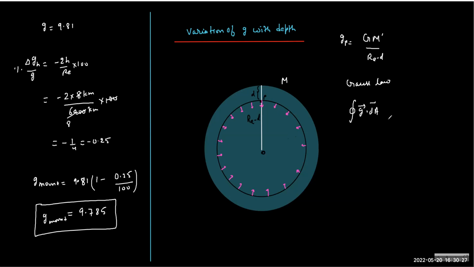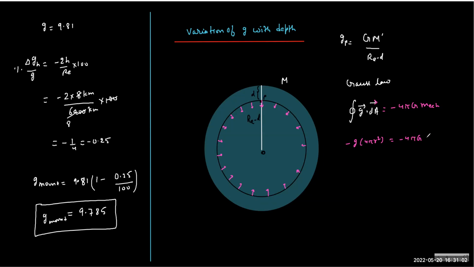So g dot dA is equal to minus 4 pi G into mass enclosed. And why minus? Because it's attraction, so the flux will be negative actually. So the negative will cancel out. So you can write this as minus g into 4 pi R square. Understood? g is the value, 4 pi R square is the area, and minus because the flux is inward, right?